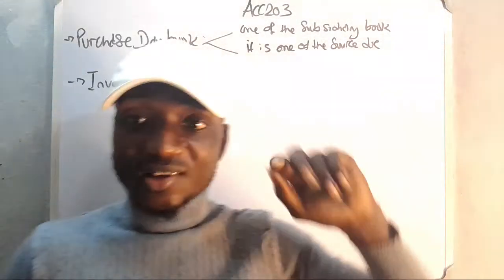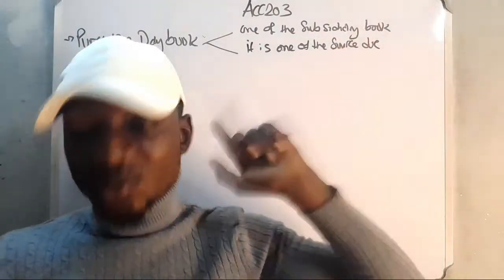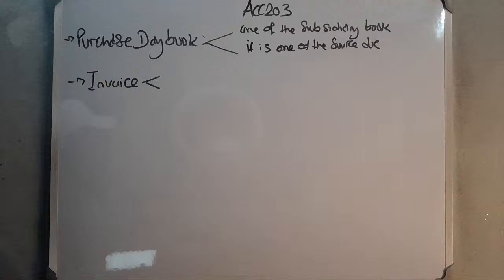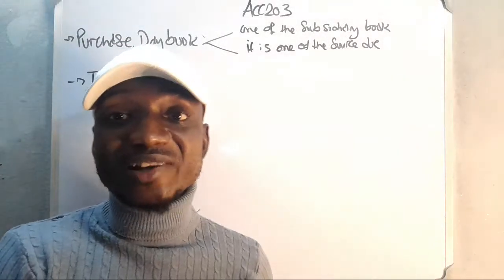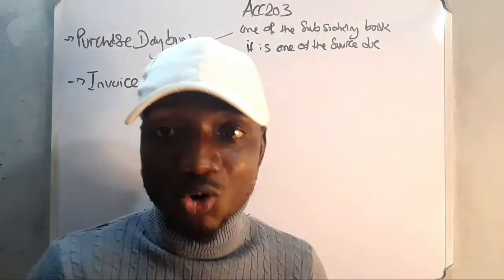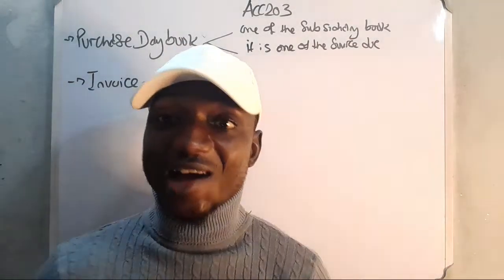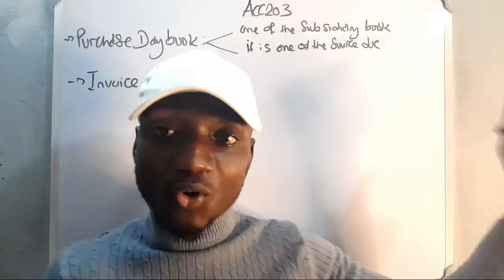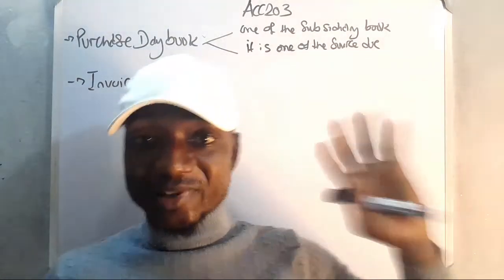That is the seller's side. But you as a buyer also have your invoice, as a result of the things you have collected on credit that you will pay for within a specific time.